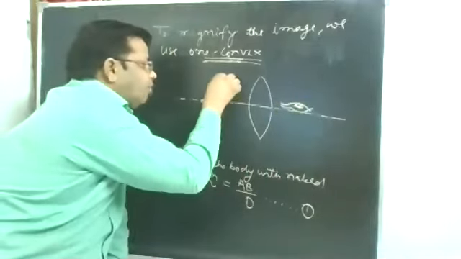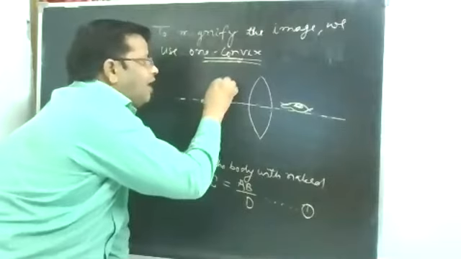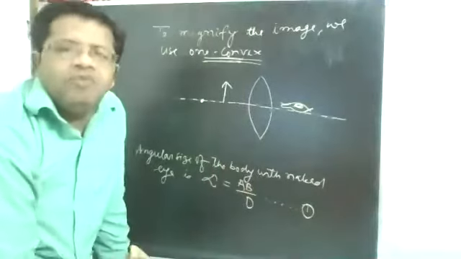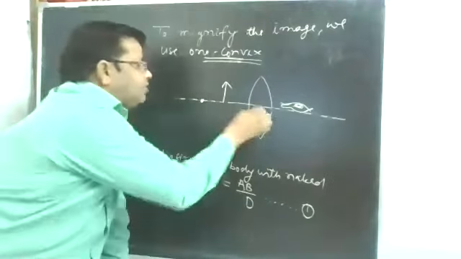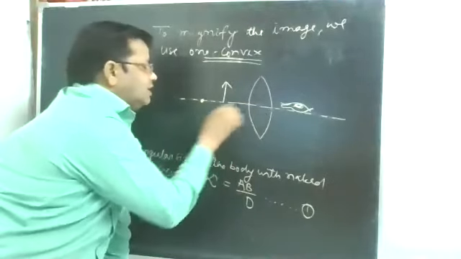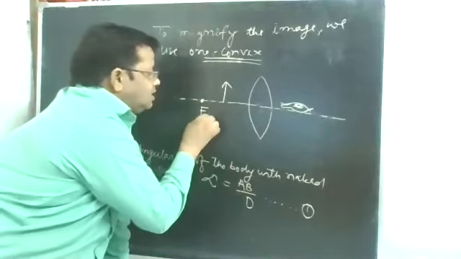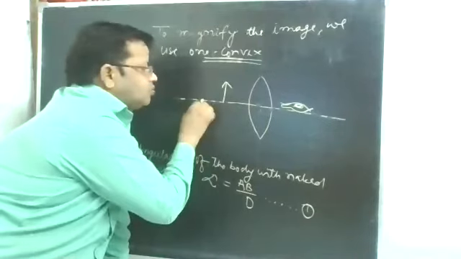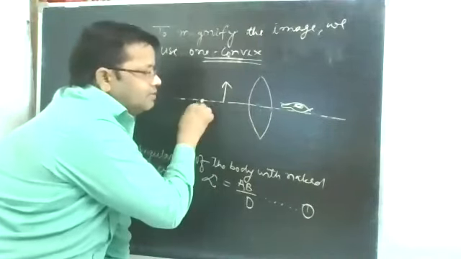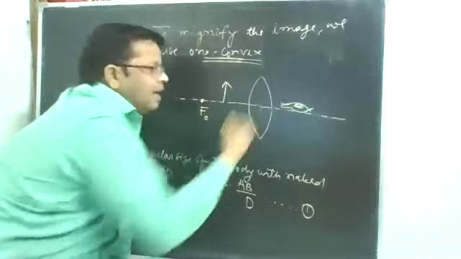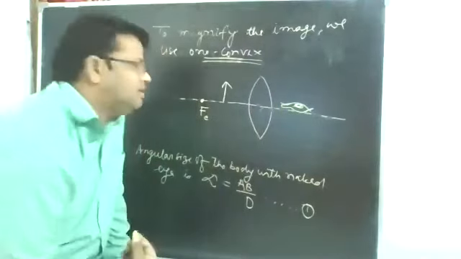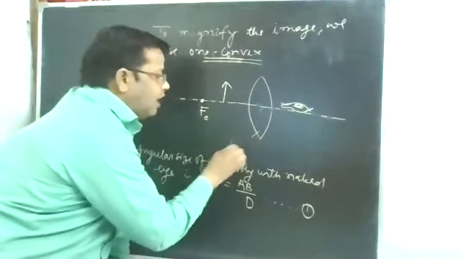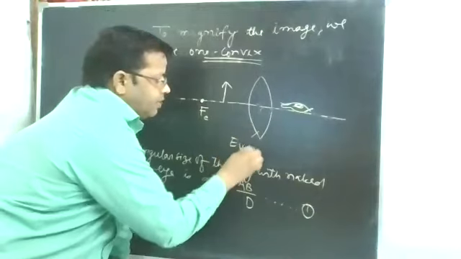We are placing the object here. And to magnify the size of the image, we are placing the object within the focus of this lens. This point is the focus point of this convex lens. Since the eye is kept just in front of this lens, this lens is known as the eyepiece.